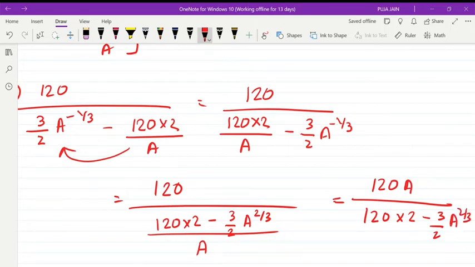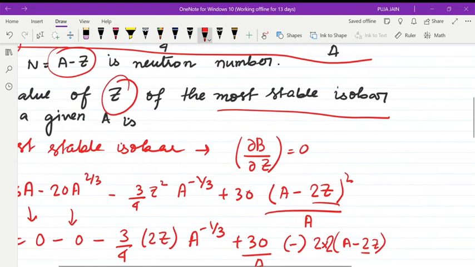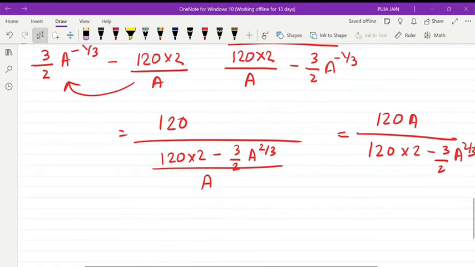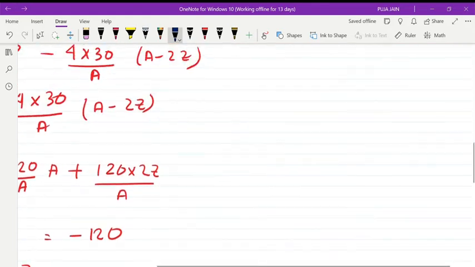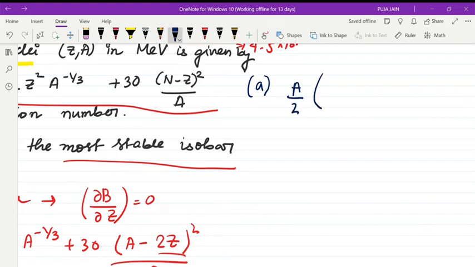Okay, now let me see the form of the answer. The answer form is not given, so let me see the options. Option A: A by 2, 1 minus A to the power 2/3 by 160, whole to the power minus 1.